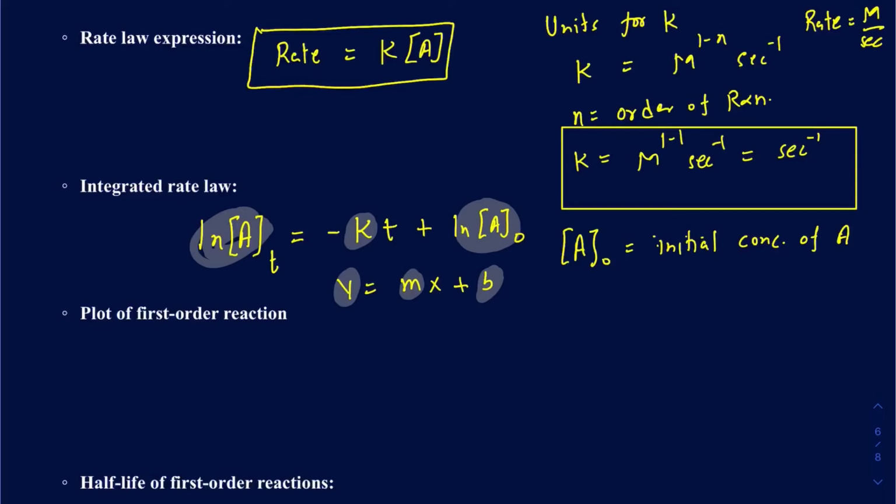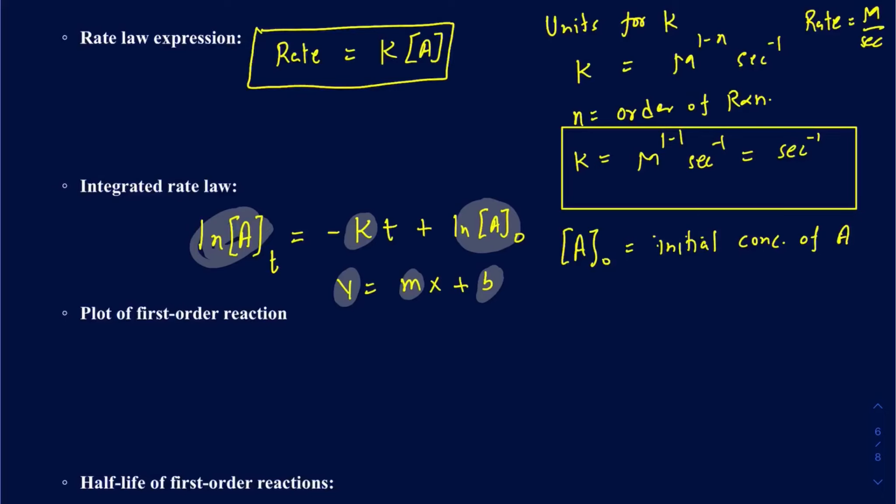It's not always easy to find out the initial concentrations of the reactants, because as soon as you mix them, they start reacting with one another and you have products being made. So you can use this equation to figure out the initial concentration of the reactants.